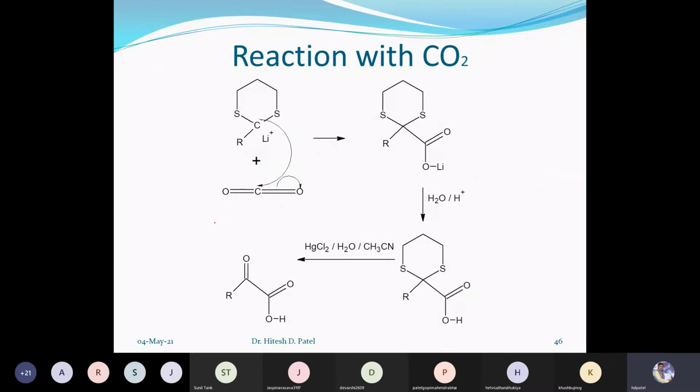Now if we have carbon dioxide, as we know, carbon dioxide is a non-polar compound, but in the presence of this reagent it becomes polar. The reason is that we have C minus and Li plus. When we have C minus and Li plus, this is polar, so definitely here also we can observe the polarity, and this effect is known as the electromeric effect.